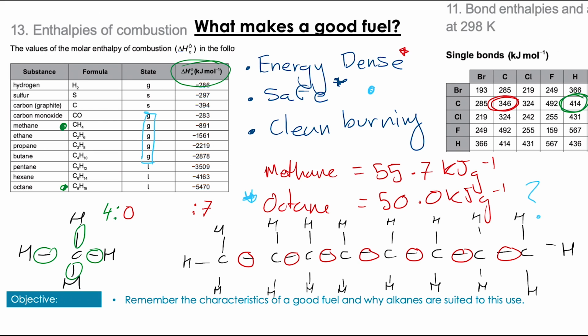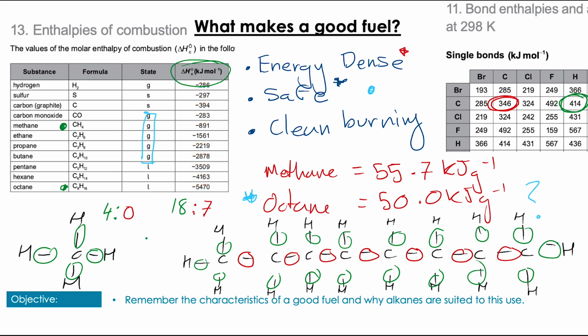In octane, we have 7 CC bonds and we have 18 CH bonds. Because the CH bonds are higher in energy, the higher the proportion of CH bonds, the higher the energy density. So as the chain gets longer, we reduce the energy density of alkanes.